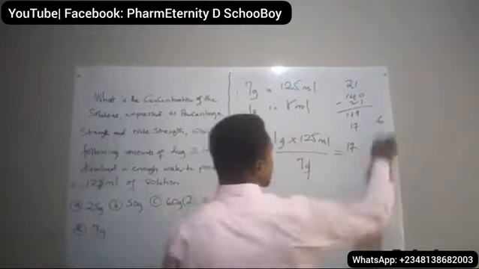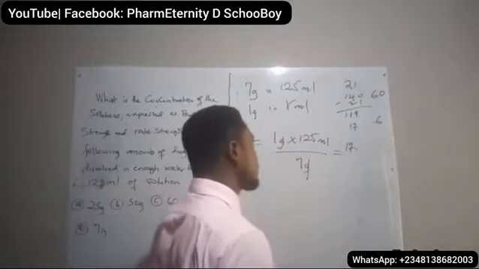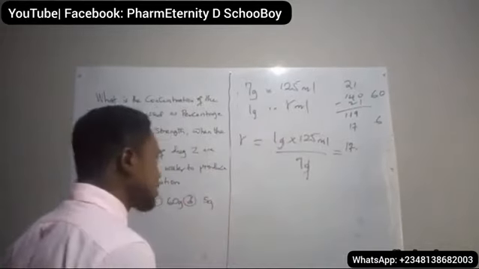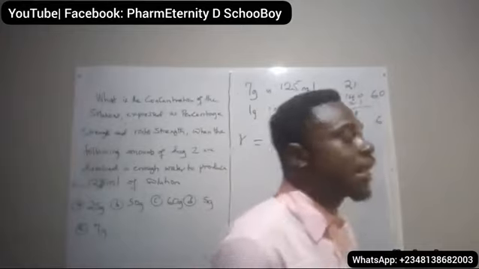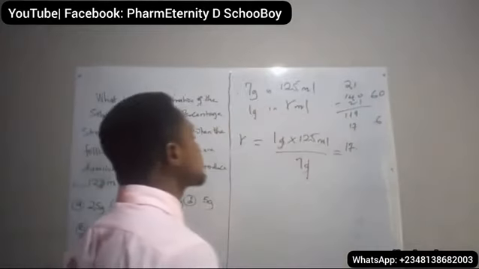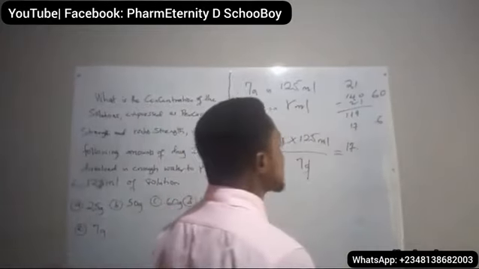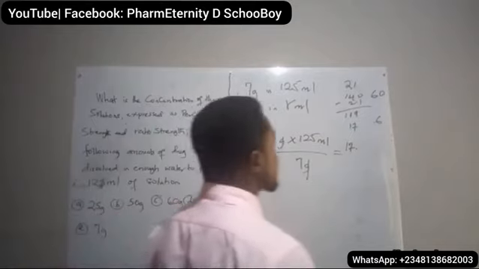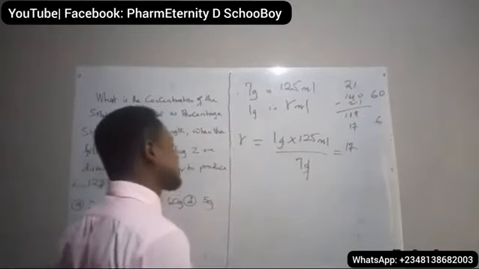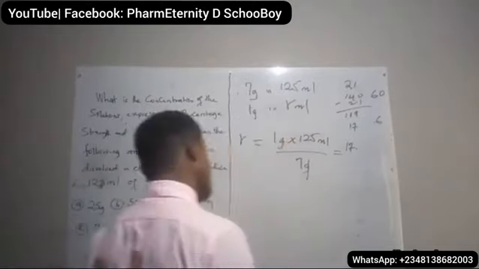So 6. You put a decimal point and add 0. 7 into 60, what will it give us? 7 times 7 is 49. 7 times 8 is 56.